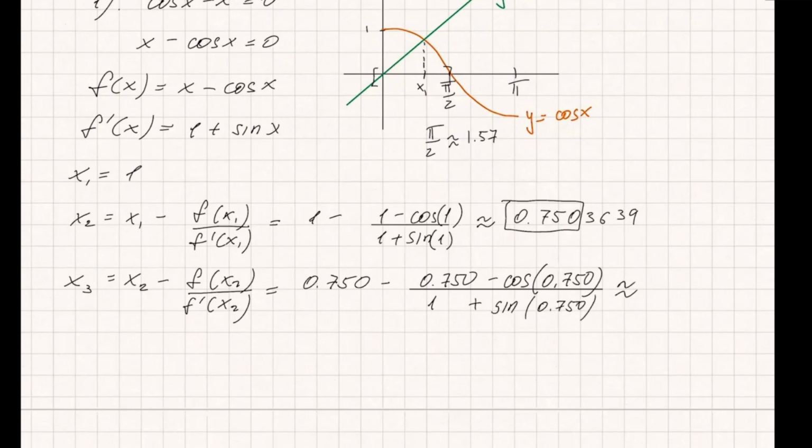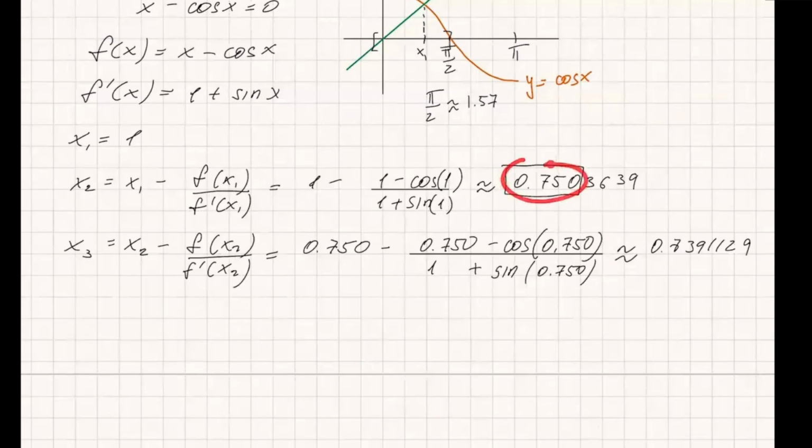If we plug it into a calculator, we'll see that that's approximately 0.739112. So you see that the digits are still changing, right? So it would probably be a good idea to continue.